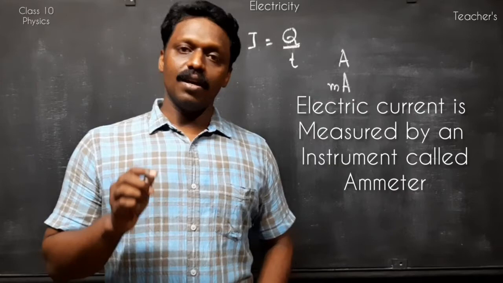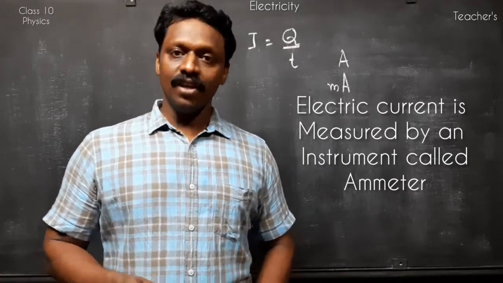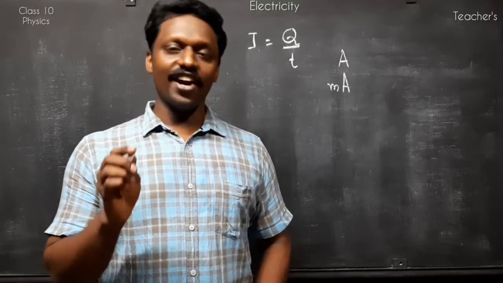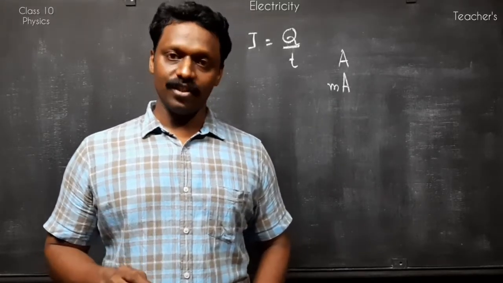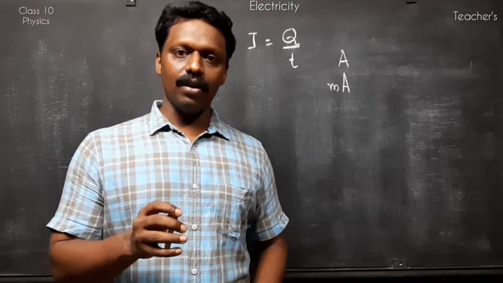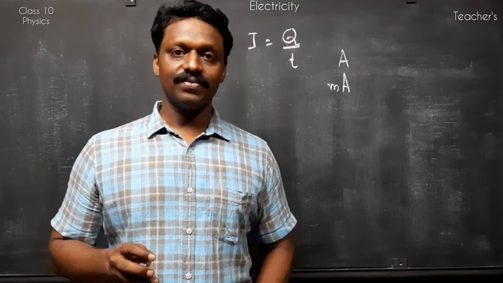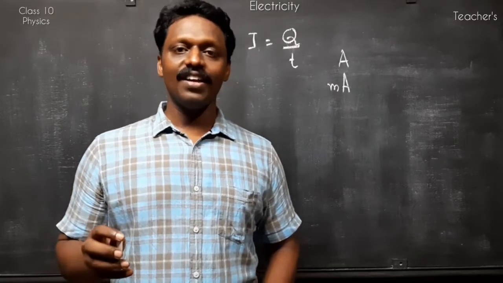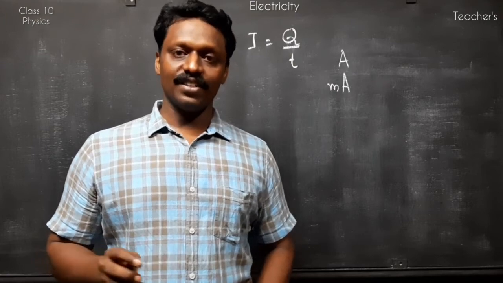Electric current is measured by an instrument called ammeter. The ammeter is always connected in series with the circuit in which the current is measured. For example, if we want to find out the current flowing through a conductor, such as a resistance wire, then we should connect the ammeter in series with the conductor.